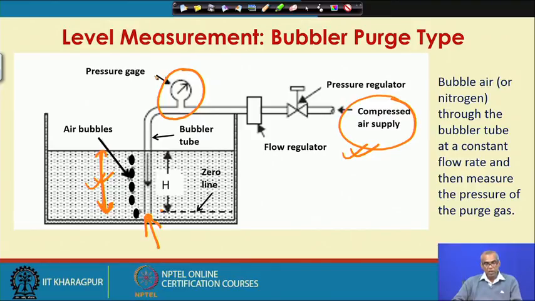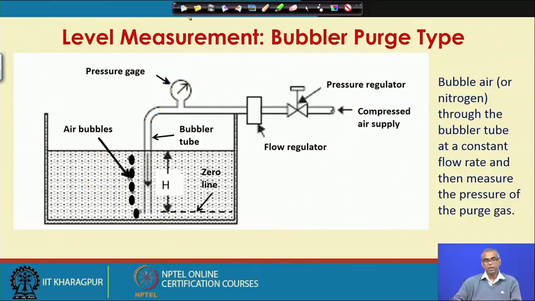At that point of time, the pressure shown by this pressure gauge is the same as the pressure at the end of the bubbler tube exerted by the level of the liquid in the tank. So, from the pressure measured by the pressure gauge, I can infer the liquid level in the tank.